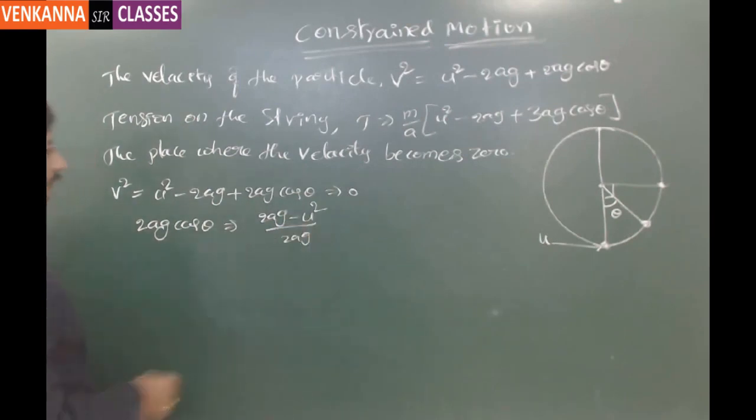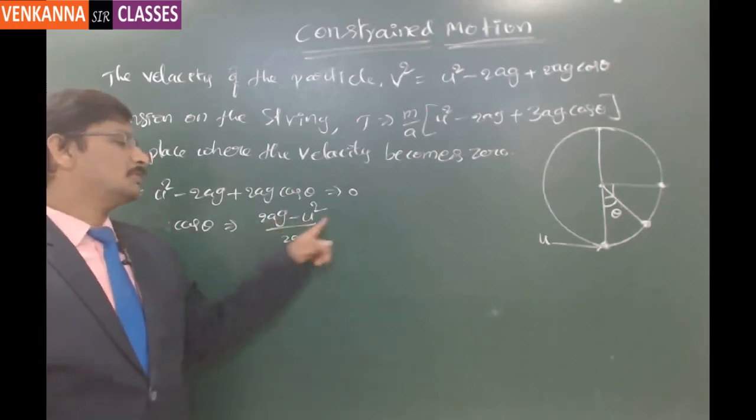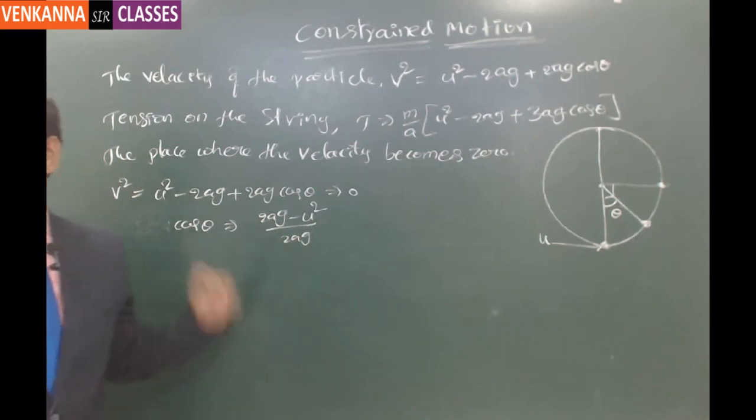So this is the place where the cos theta value is equal to 2ag minus u square by 2ag.